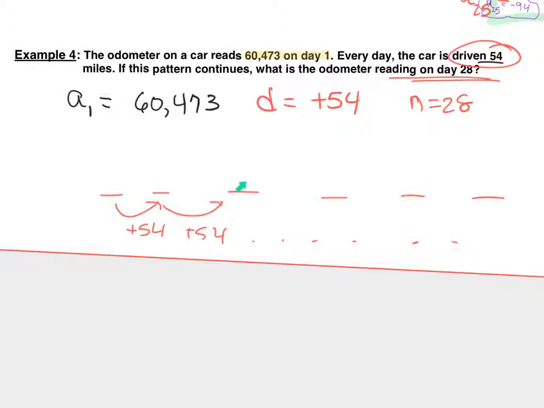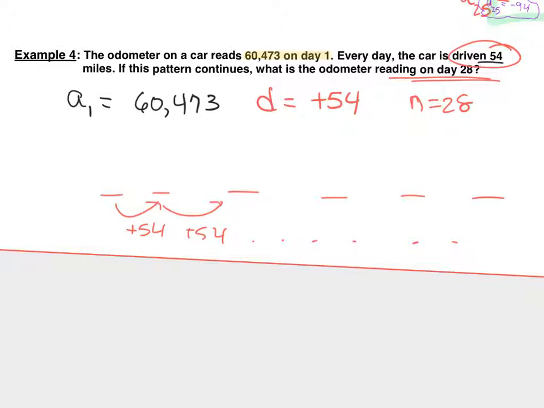Day 3 is going to be 54 more than day 2. Day 4 is 54 more than day 3, day 5 is 54 more than day 4, and so on. And because of that, the first term is this, the common difference is 54, and n, they want to know day 28, the 28th item.